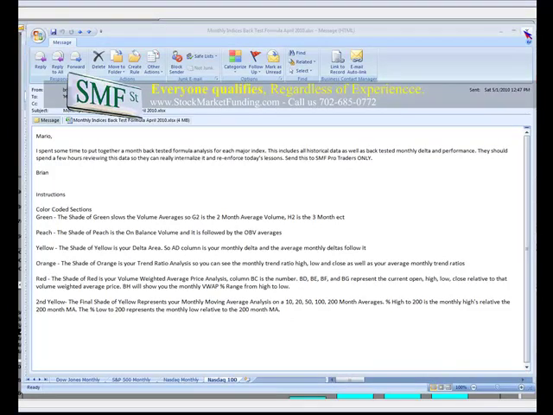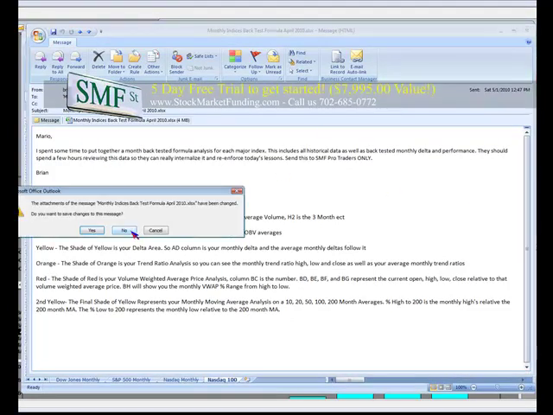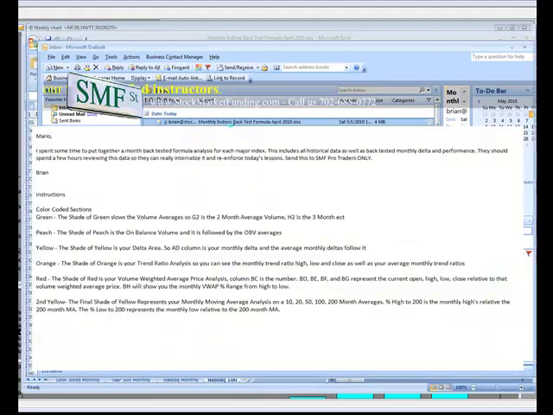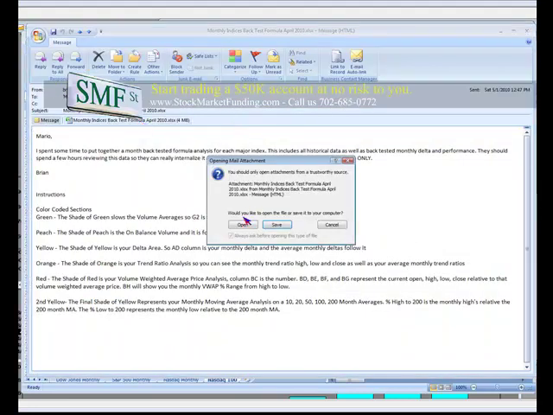And basically this is what it is, traders. And tomorrow morning on Sunday, I'm going to open up the spreadsheet right here.